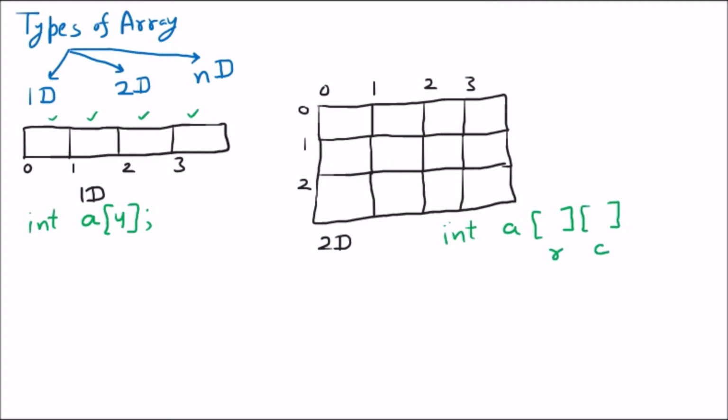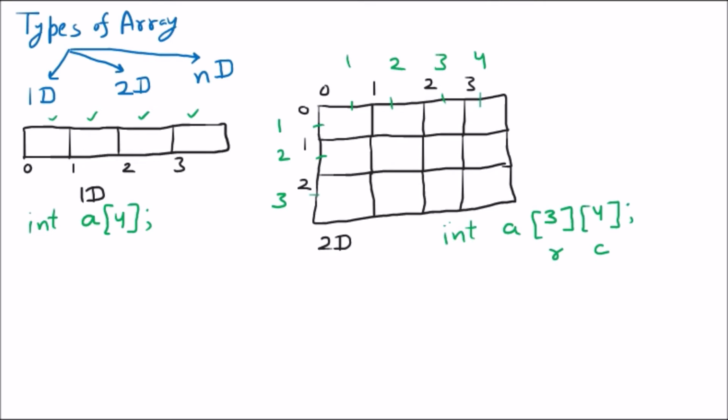How many rows are there? 1, 2, 3. 3 rows are there. So first will be 3. And how many columns are there? 1, 2, 3, 4. So these 4 are the columns. So that will be 4. So here we will say int a[3][4]. That is the declaration of a 2D array.